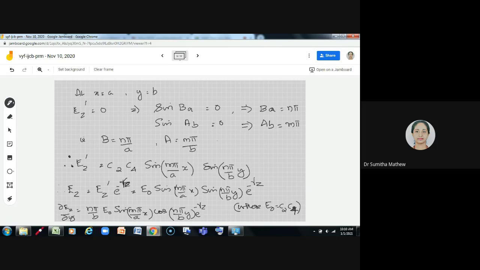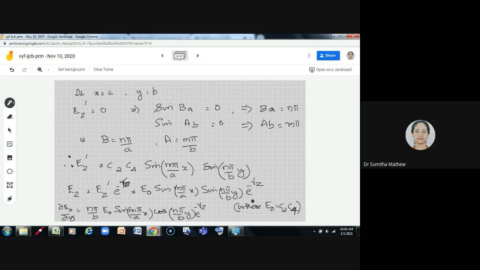We need not now find out C2, C4 because their product we have as the amplitude, and we replace it with E naught. And we have obtained the solution for A and B. So sin m pi by a into x, sin n pi by b into y, e raised to minus gamma z.